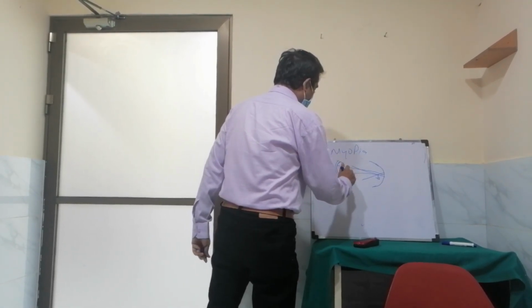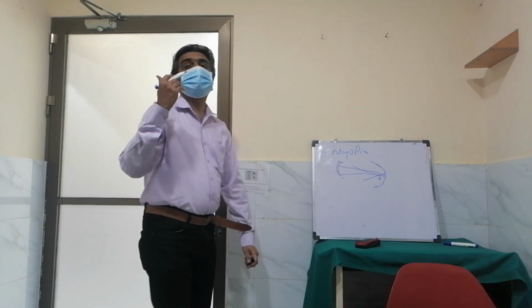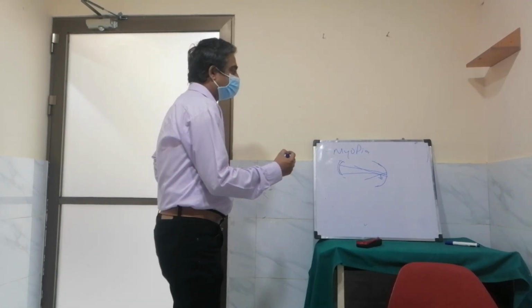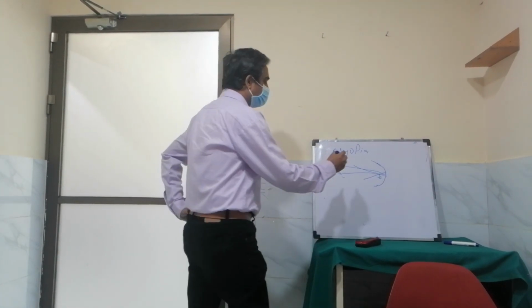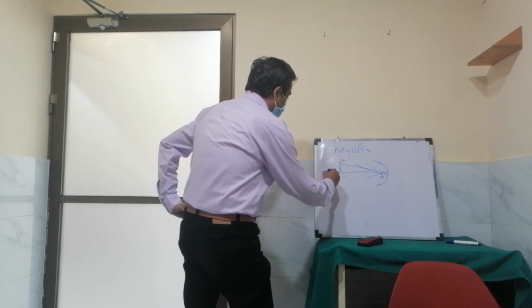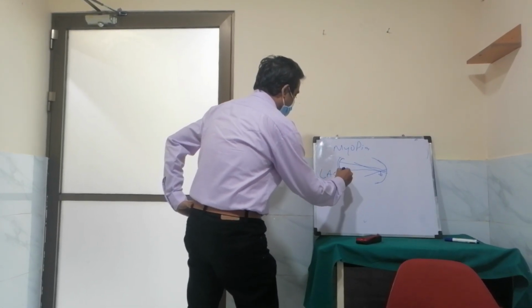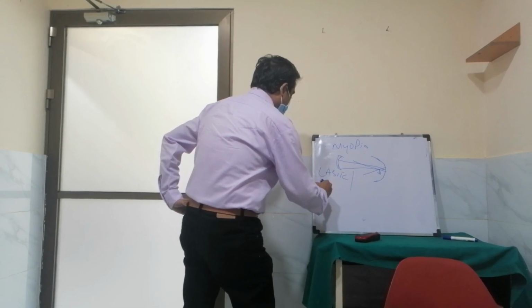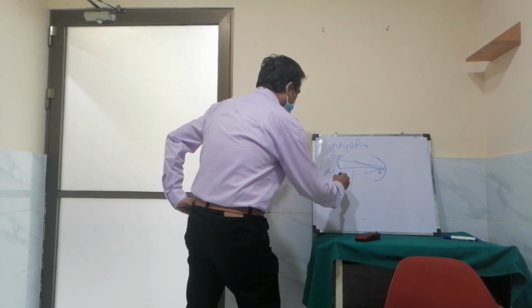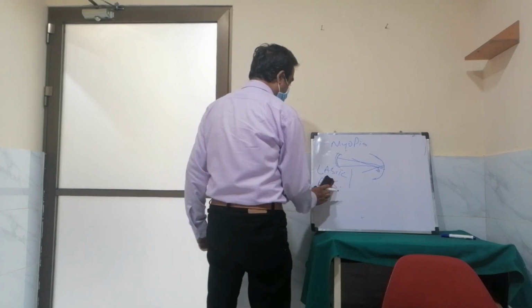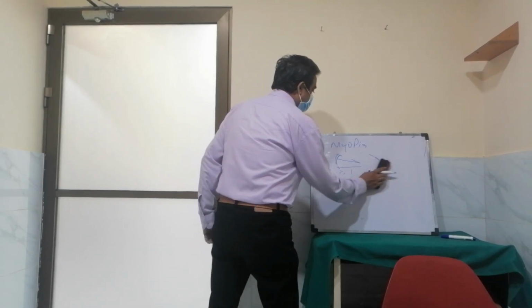Third option for myopia is refractive surgery, which is the most common nowadays. The latest is LASIK and PRK. What do we do in LASIK surgery?